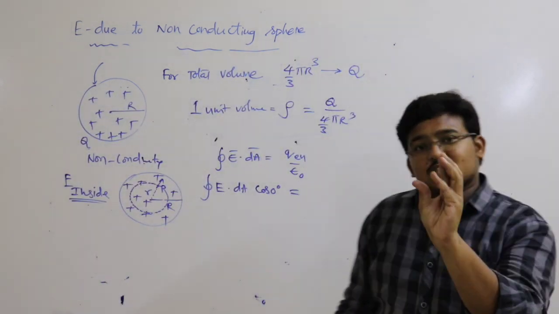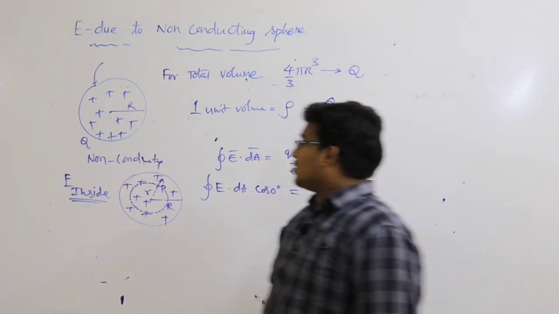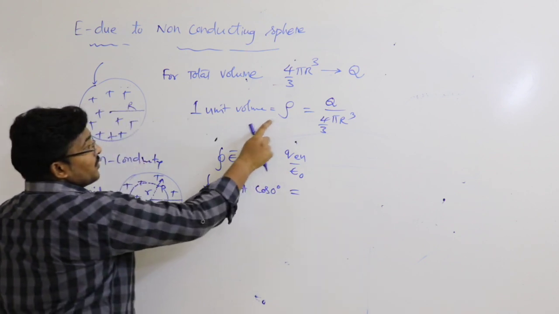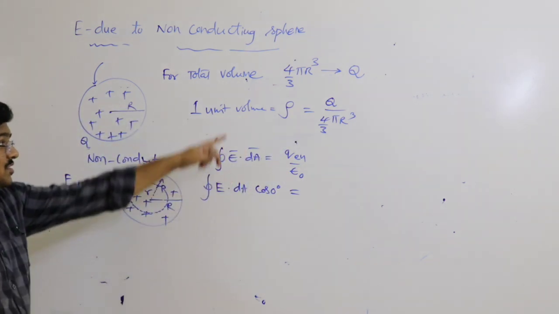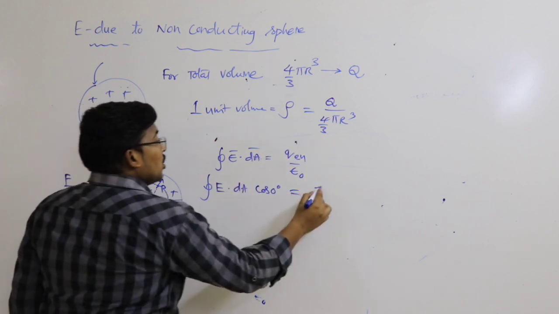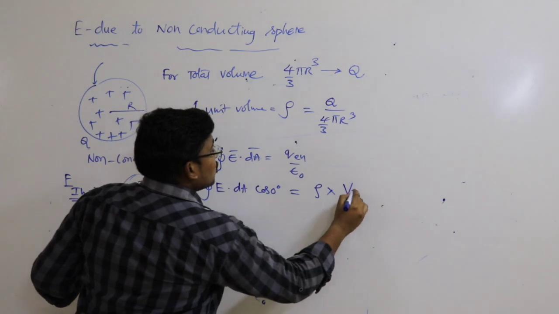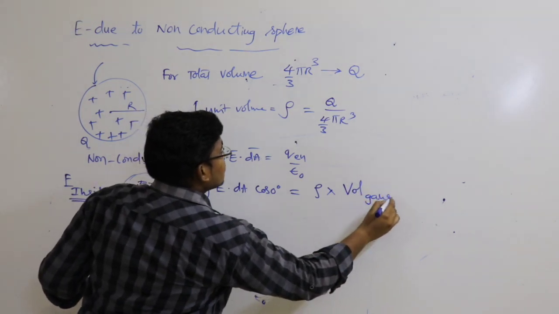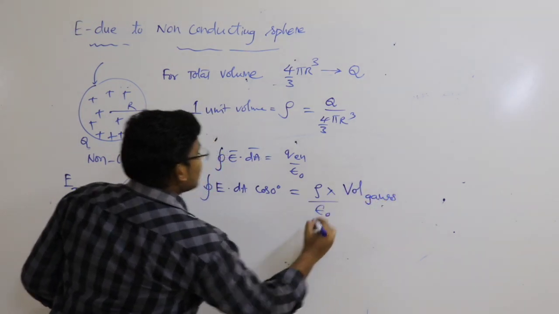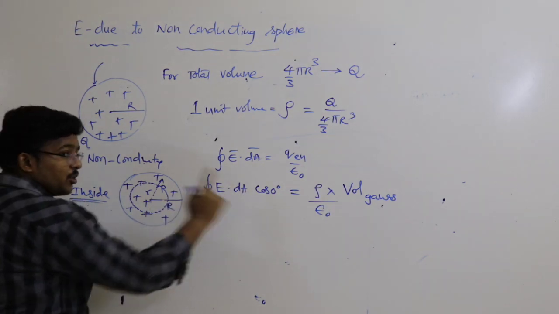Now what is the charge enclosed by this Gaussian surface? For unit volume the charge density is rho, so the charge enclosed will be rho times the volume of the Gaussian surface, by epsilon naught. Electric field is constant, so take it out, and cos 0 is 1.